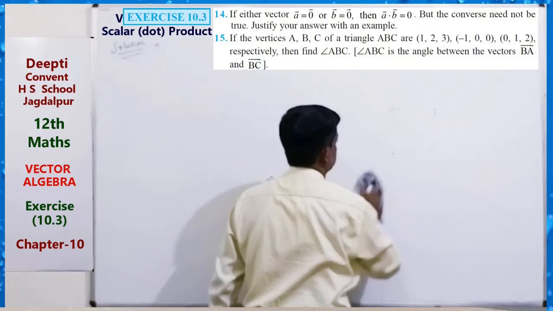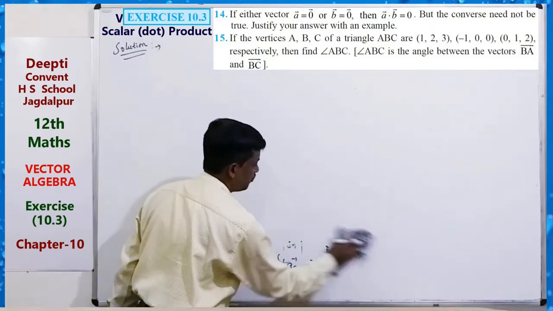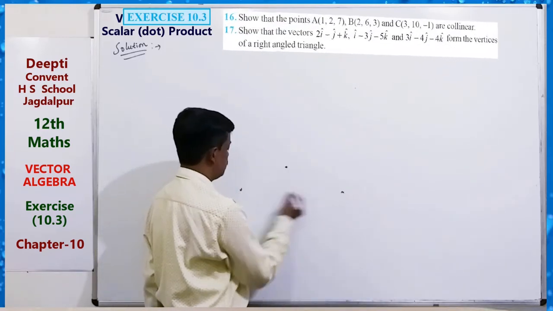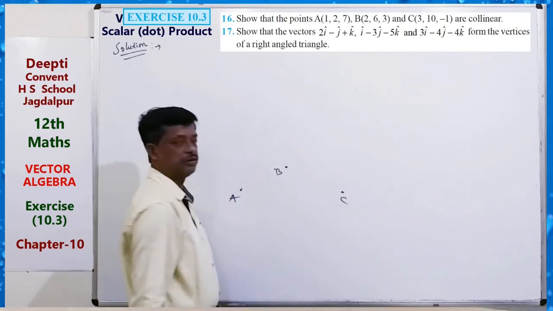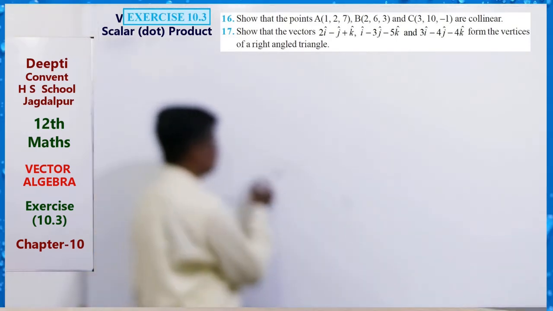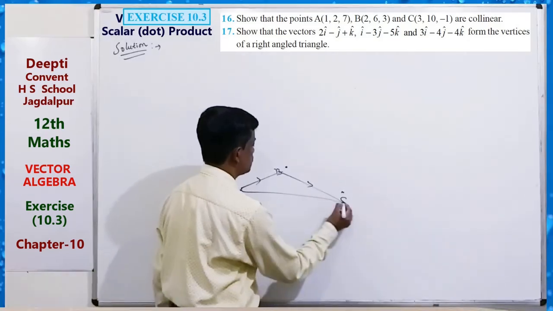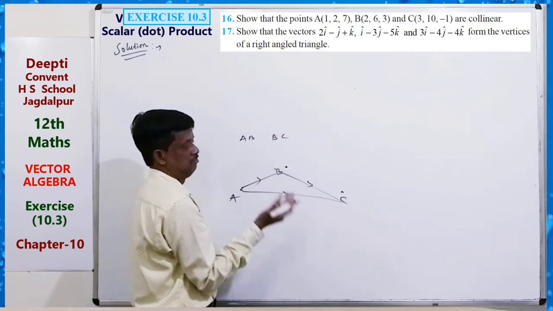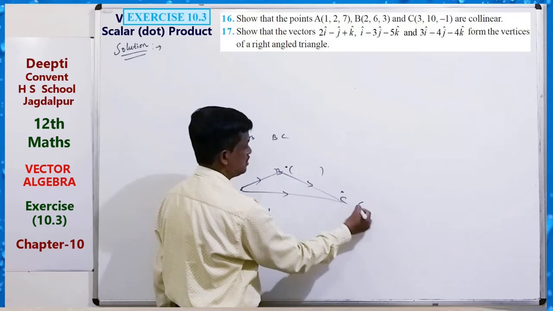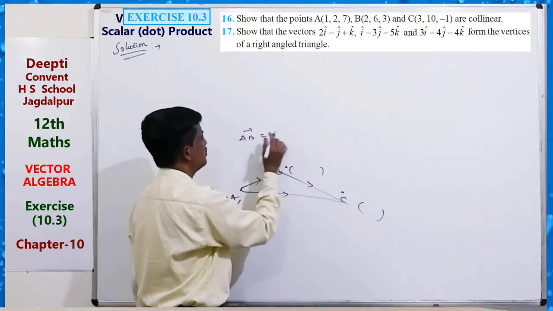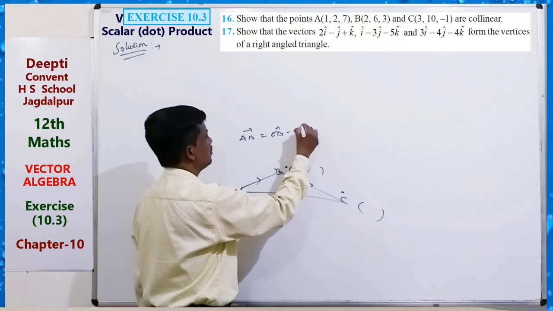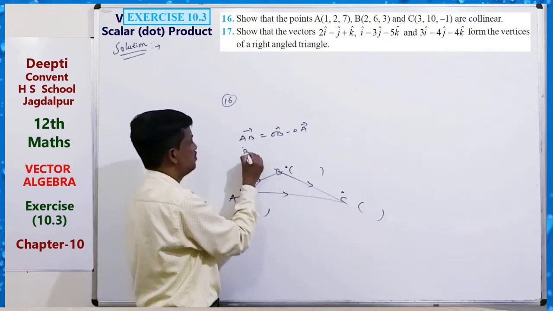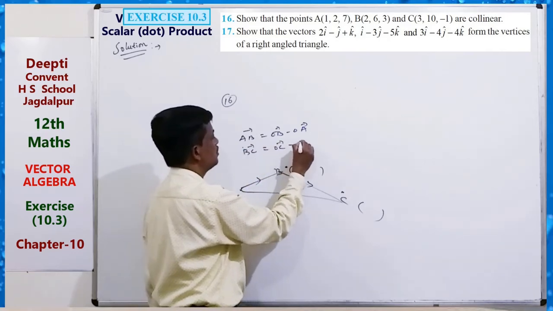Suppose there are points A, B, C in a series. Just find AB equals OB minus OA, and also BC equals OC minus OB.